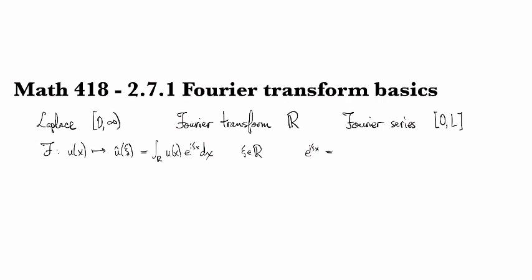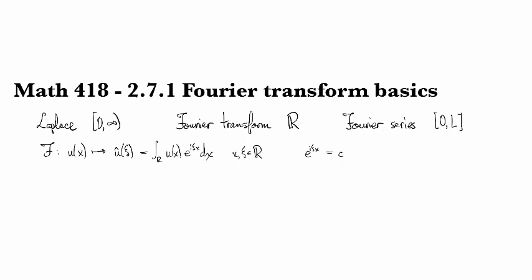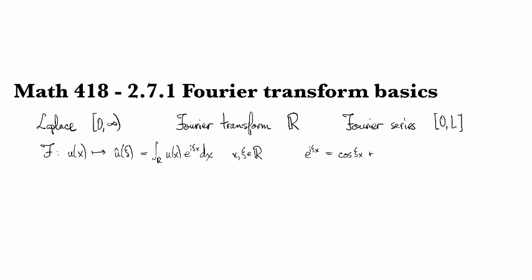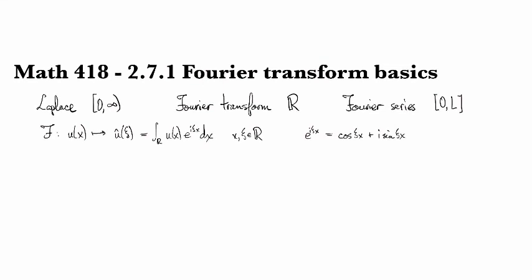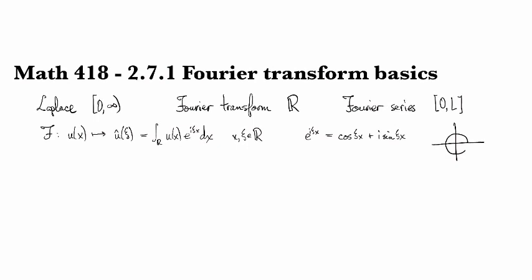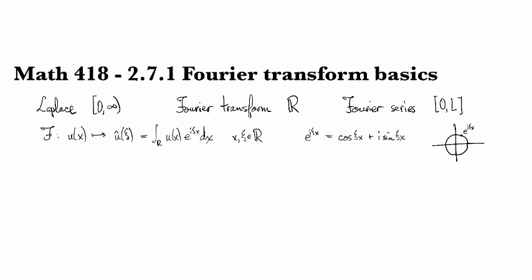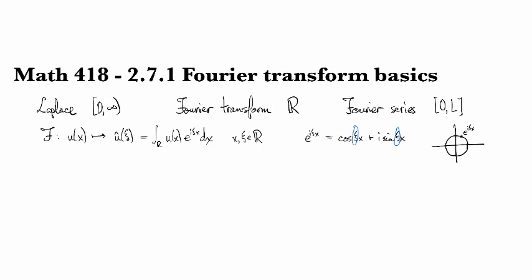Since xi and x are both real numbers, by Euler's formula we have cosine(xi x) plus i sine(xi x). So this integral kernel, e to the i xi x, is actually a unit complex number. You should think of this in terms of frequencies. These are the coefficients in front of the x, so these are frequencies.